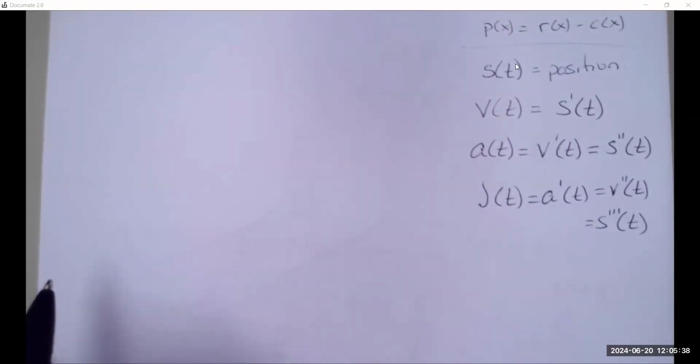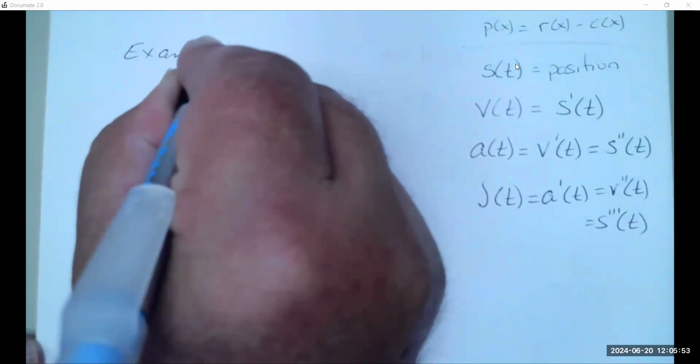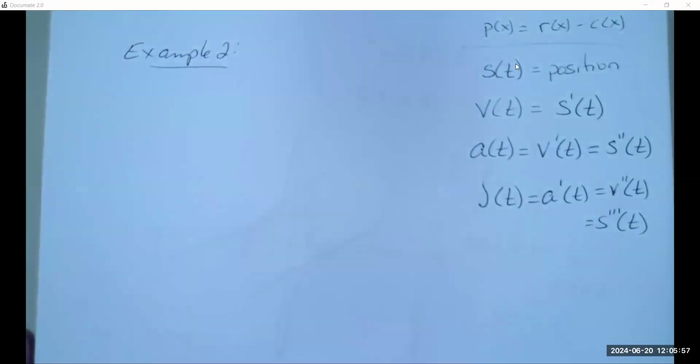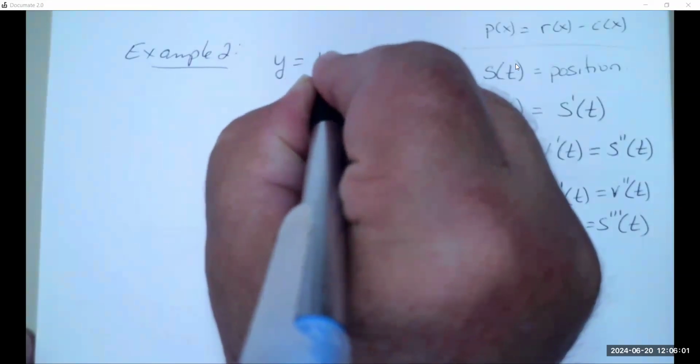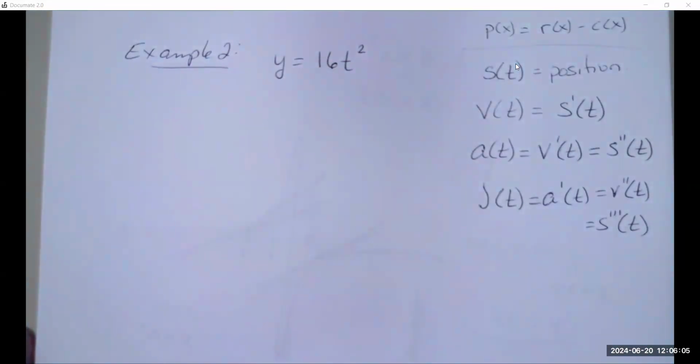Here's example 2. This is a free falling one. We studied the speed of a rock falling freely from rest near the Earth's surface. The rock fell 16t squared feet during the first t seconds.